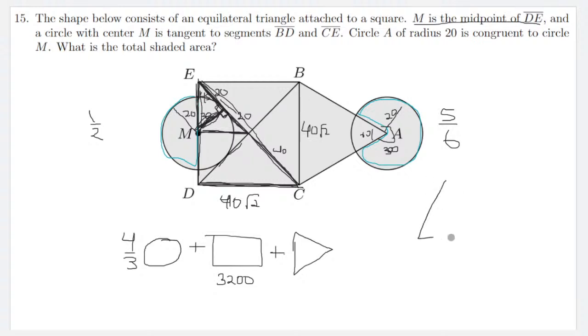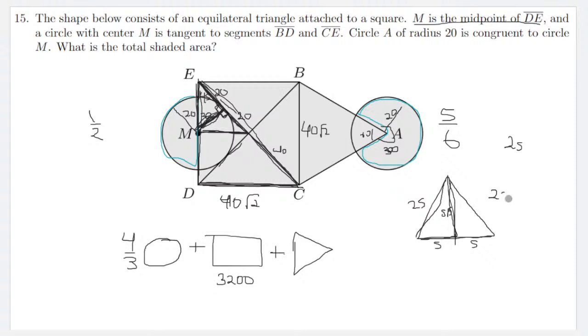In order to handle this triangle, let's actually generalize what the area of an equilateral triangle is. Let's say you have a triangle with side length 2s. Because this is a 30, 60, 90 triangle, the height must be s root 3. And the hypotenuse is 2s, and we can confirm this. Then the area is the base times the height. So the base is 2s, the height is s root 3.